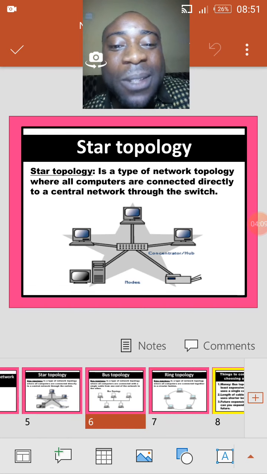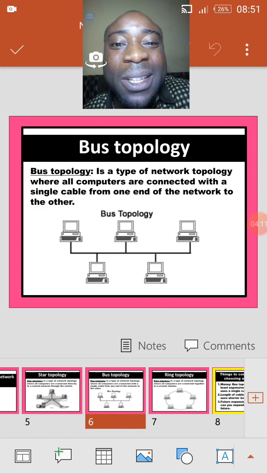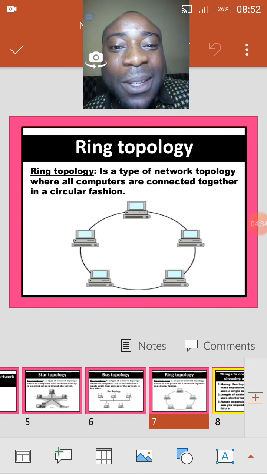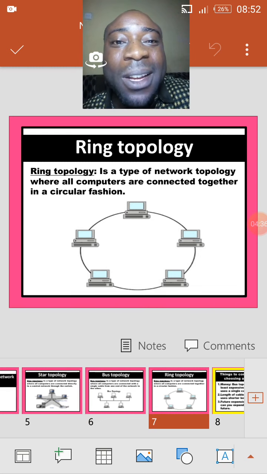Now another one is called bus topology. As you can see, this is a type of network where computers are connected with a single cable from one end to the other end. So anytime you see computers in the lab connected with a single cable, it is called bus topology. Alright. Now the last one is ring topology.